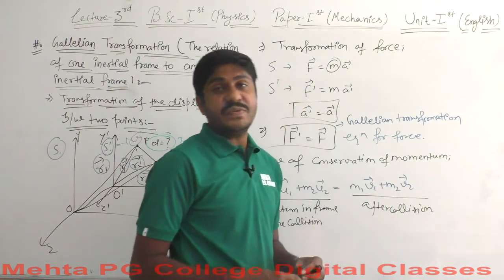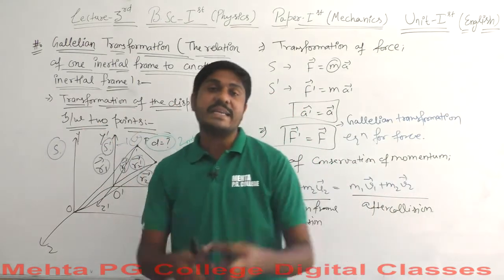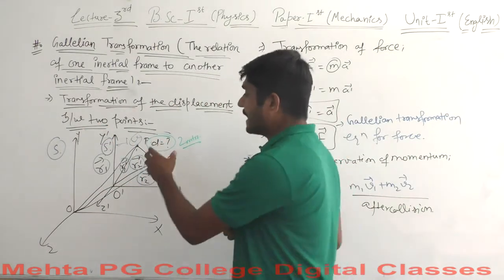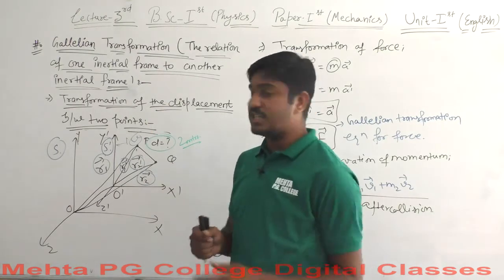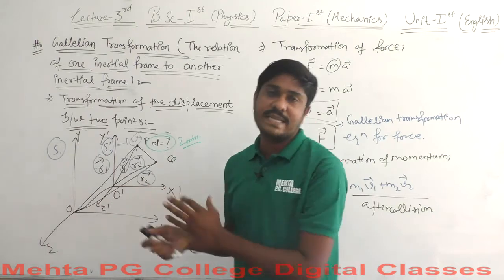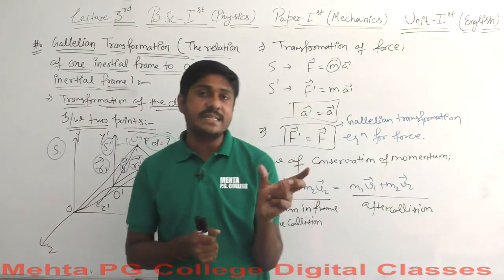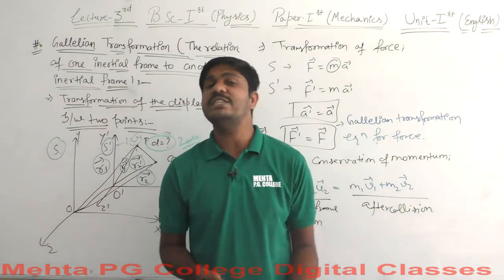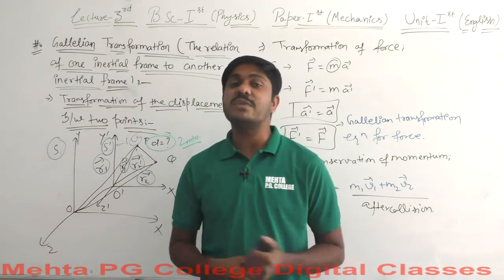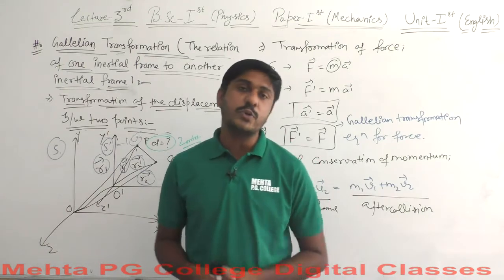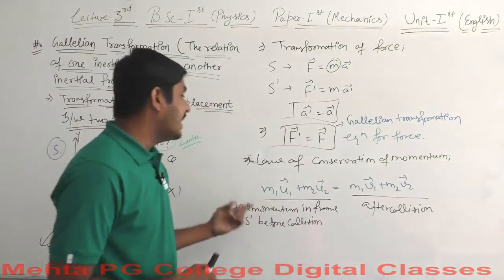This is the time when we are expecting two different particles for the frame S dash. For the secondary frame of reference, we are not taking only point P into consideration. This figure is no longer taken into consideration. This figure is only to understand that we have two particles for a reference frame S, the primary reference frame, and for a reference frame S dash, the secondary reference frame. So before collision, the velocities are u1 and u2 and the particles have masses m1 and m2.